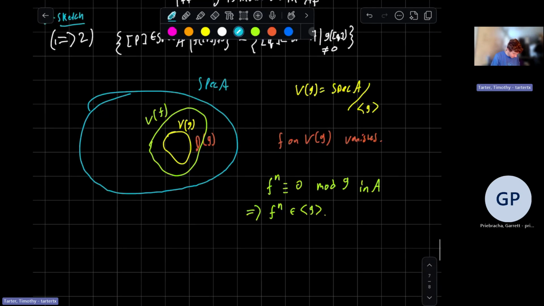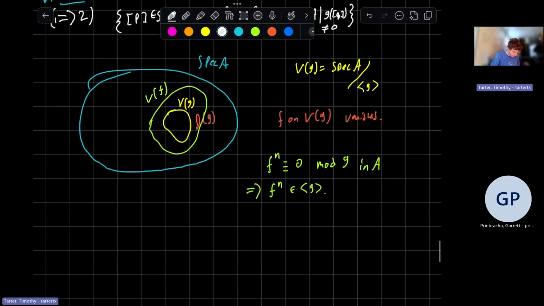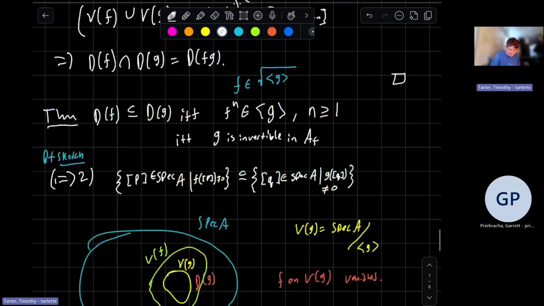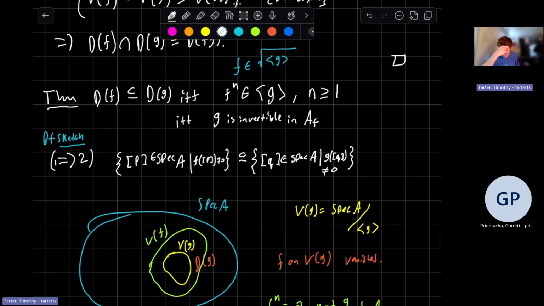Yeah. Then for 2 implies 3, it implies that g is invertible in the localization at f. Oh, because it's non-zero, like it's non-vanishing.